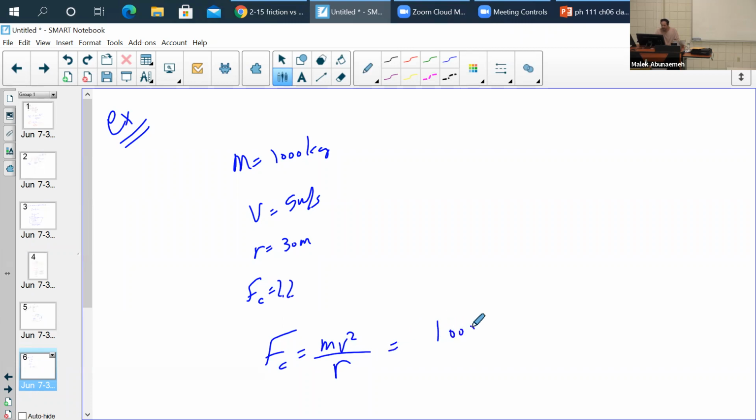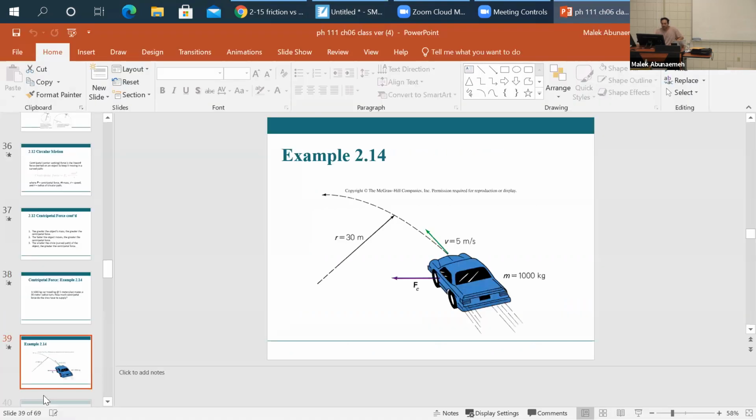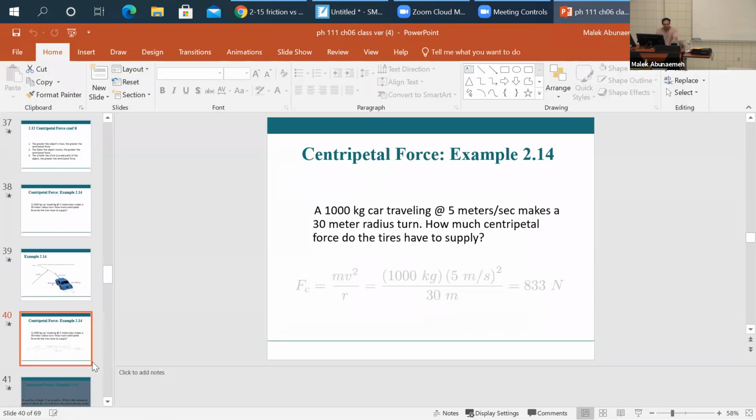So this is going to equal your 1,000 multiplied by your 5 squared, which is 25, divided by your 30. So what do we get? 1,000 times 25 divided by 30. We should get 833 newtons, which is what we got.